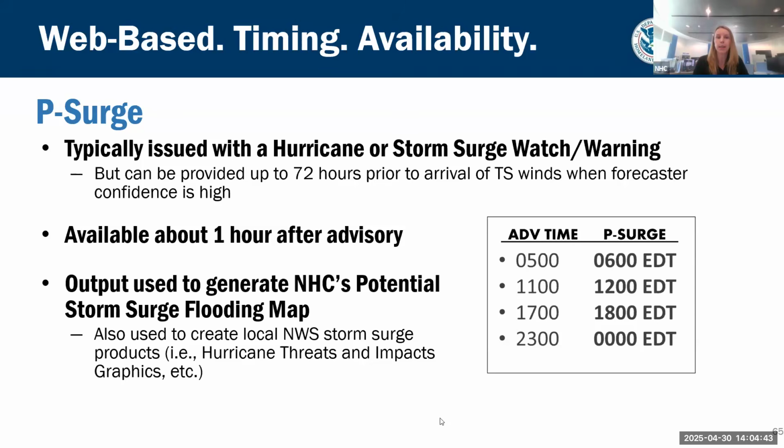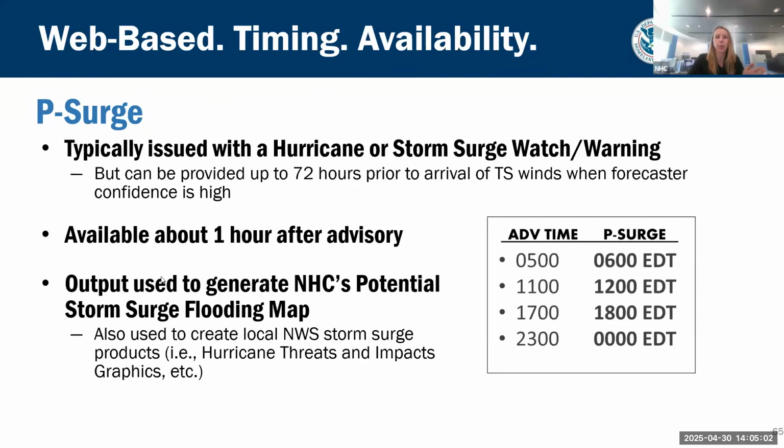So you could potentially see P-surge results without any storm surge watch in effect. And remember, it is going to take a little bit of time to run those hundreds of realizations, and it is based on the official forecast that comes from the hurricane specialists.